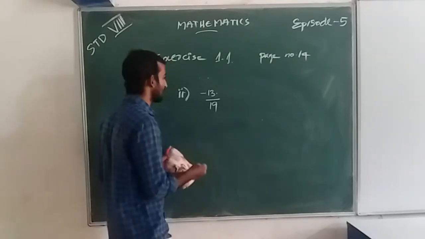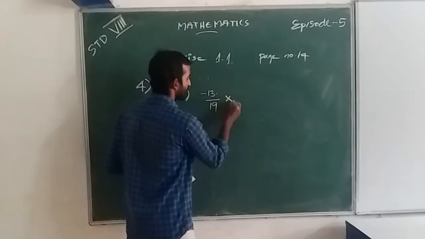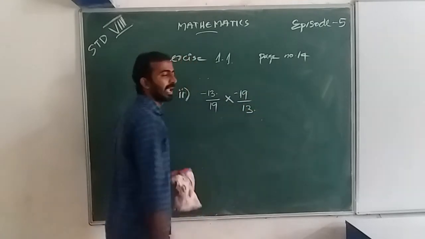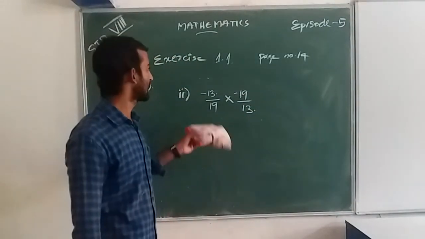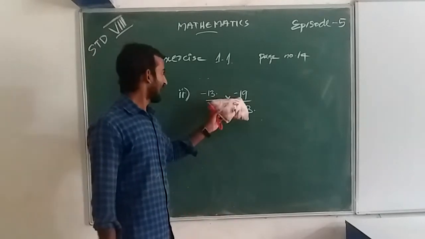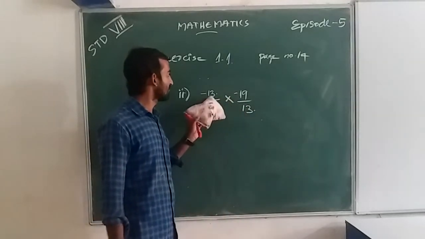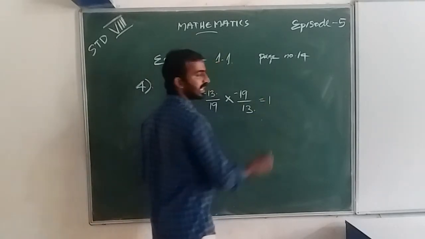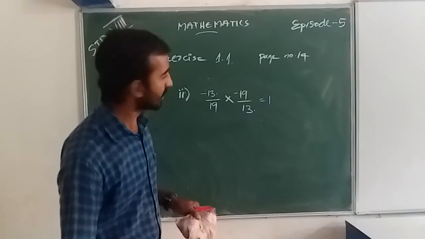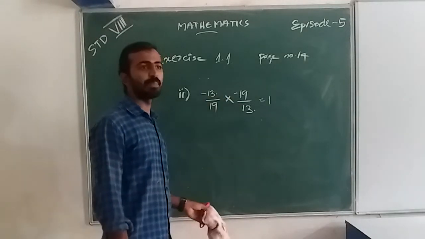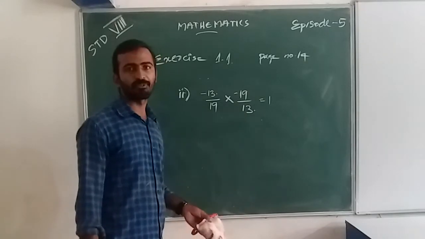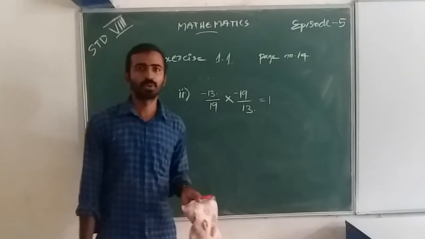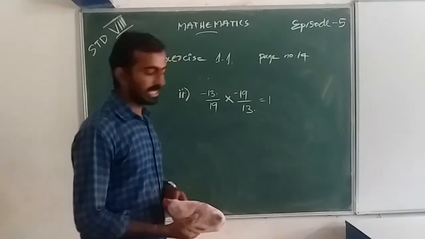That is, the multiplicative inverse is minus 90 by 13. When we multiply these, we get the answer 1. This is the answer for the second. Is it correct? Can you follow? Can you understand? Okay.